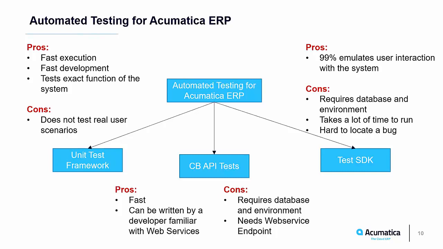However, on the other hand, we have specific requirements. For these tests, we need a database, we need hardware, so it takes a lot of time to, first of all, set up all that, then execute the test itself, because it works through the user interface and it can't be too fast.